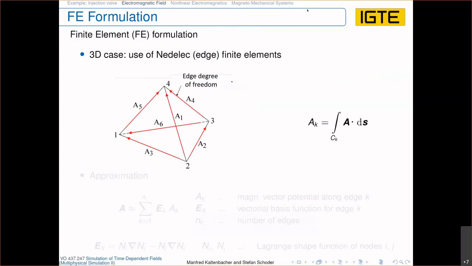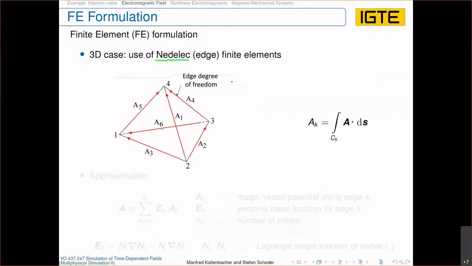Nedelec was the scientist in 1980 who was the first who really found correct basis functions, and since the magnetic vector potential is a vector, and especially the magnetic vector potential should have a continuity of the tangential components, he introduced these so-called edge finite elements. Now, edge finite elements are in this sense really different, because as you can see here, the unknowns are along the edges.